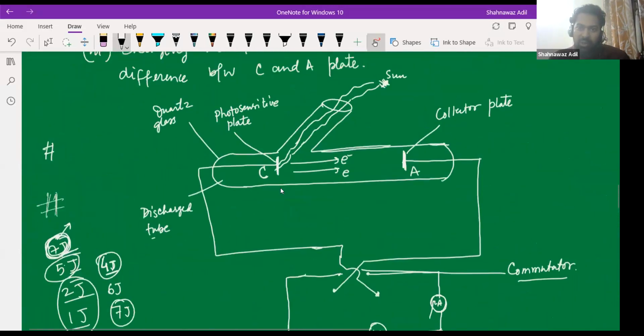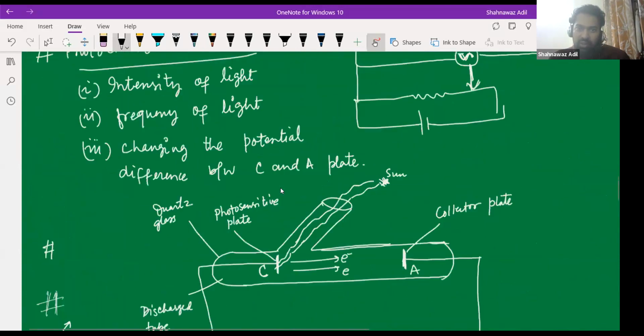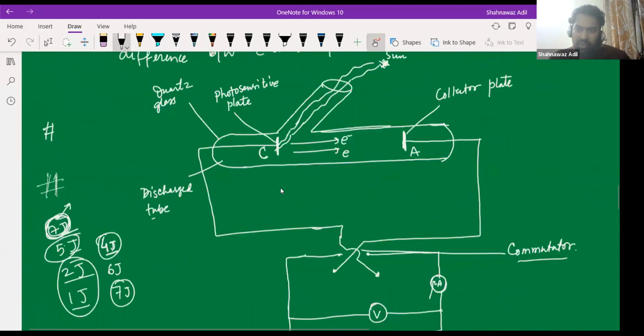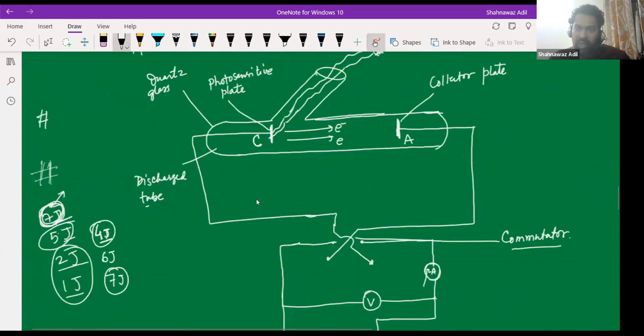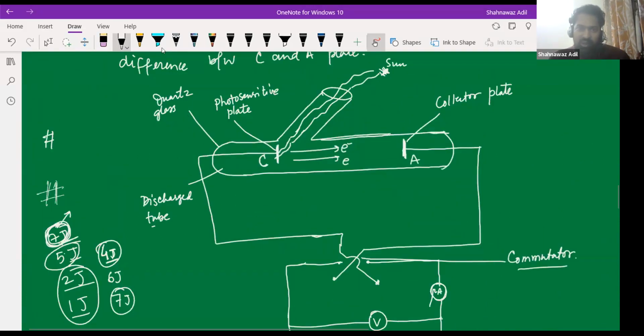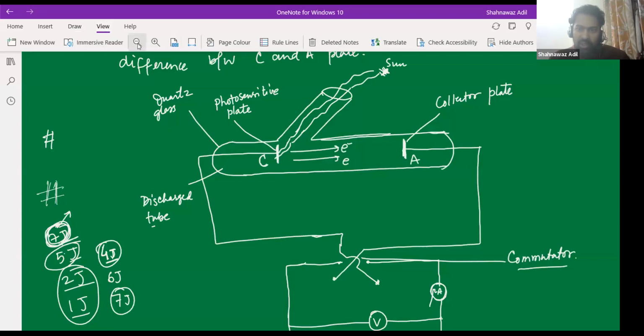Please note down this diagram, and then we'll talk about the third and last property. If you guys have any question, please tell.